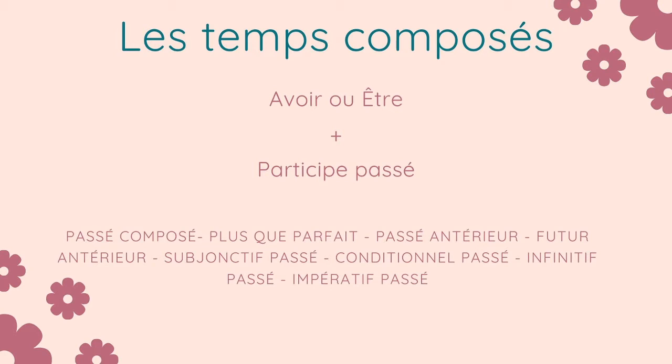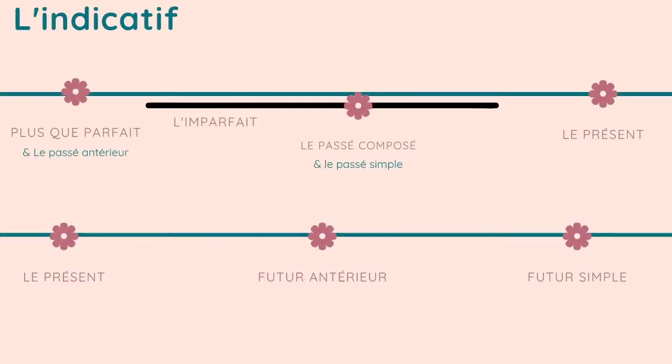So we separate them because the functioning is a bit different. For composite tenses, you're going to need avoir ou être, while for the simple tenses, you're going to need a root to which you're going to apply different endings according to the person you want to conjugate.